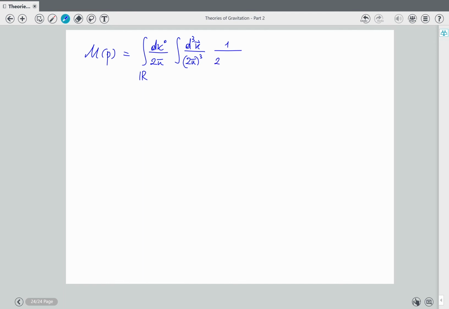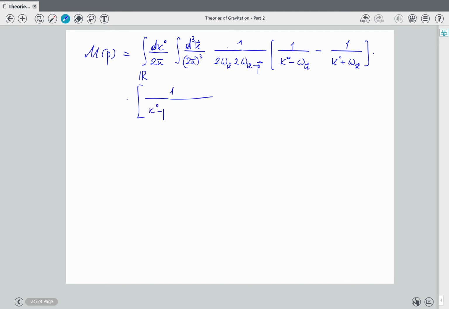So 1 divided by 2 omega k, 2 omega k minus p, and we will have 1 divided by k0 minus omega k minus 1 divided by k0 plus omega k, and that will multiply 1 divided by k0 minus p0 minus omega k minus p, minus 1 divided by k0 minus p0 plus omega of k minus p.